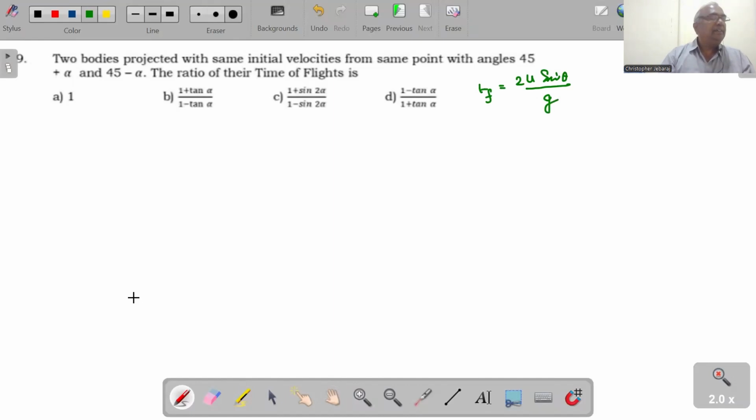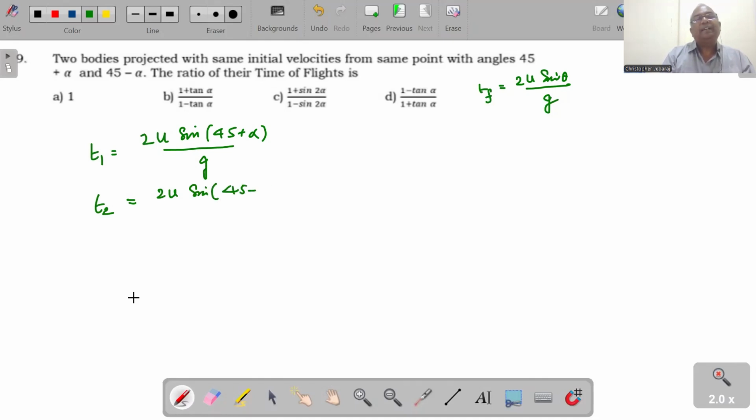Let us take the first case. Time of flight for the first case is 2u sin(45 plus alpha) by g. Time of flight for the second case is 2u sin(45 minus alpha) by g.